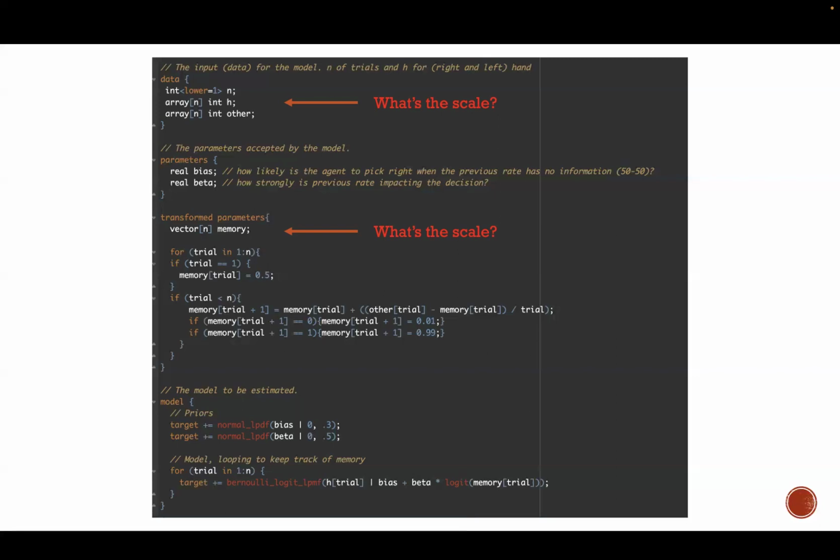And basically what it's doing is in the transformed parameters, we have a vector for memory that runs through the trials one by one.